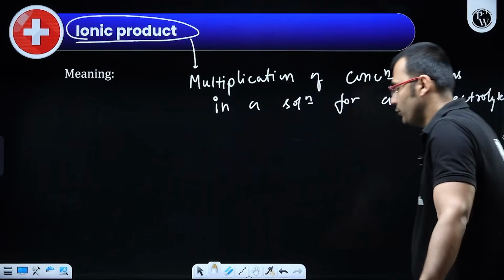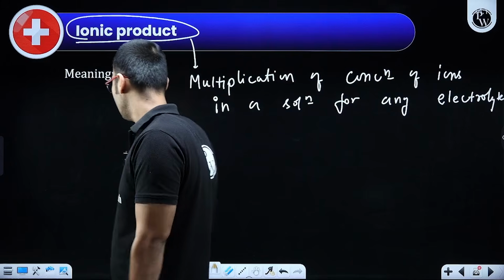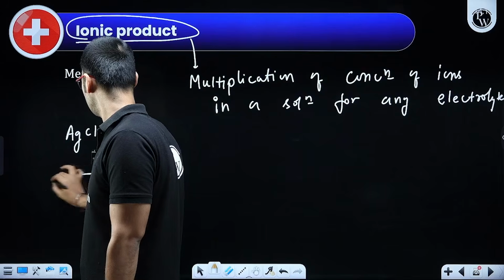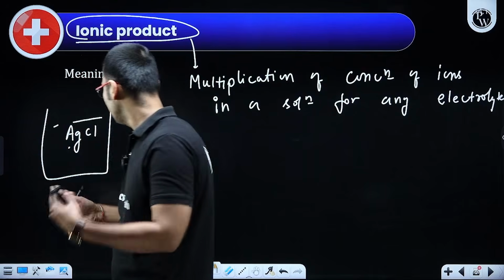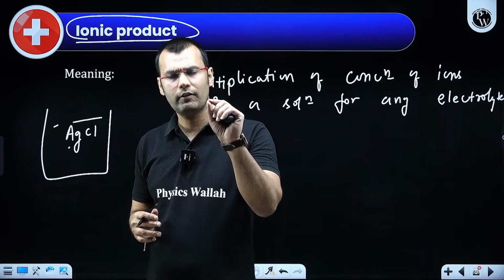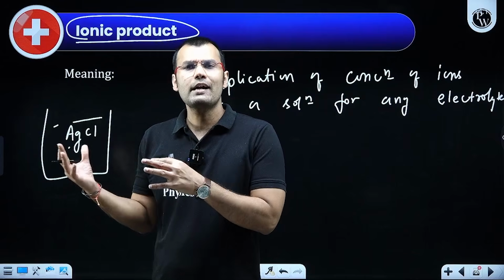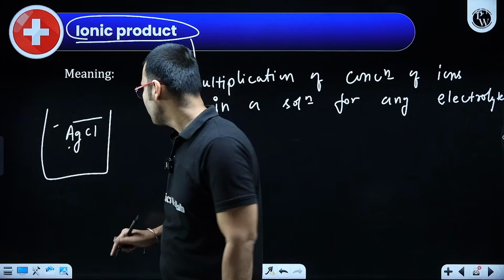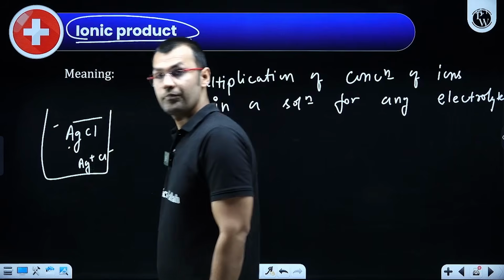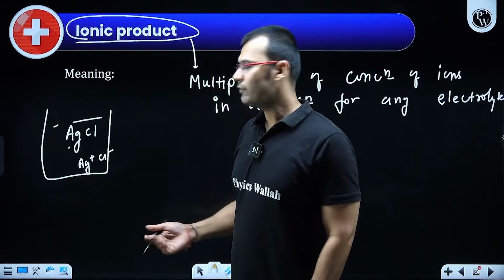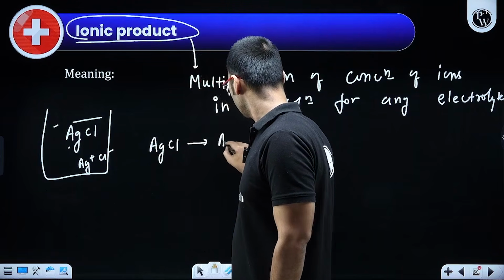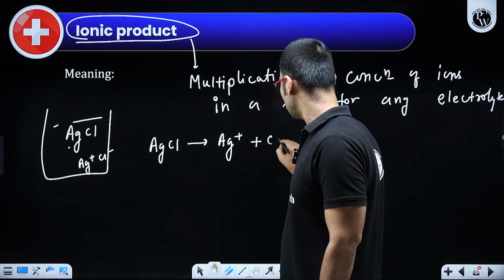Suppose I have prepared a solution of AgCl. In the solution, AgCl is sparingly soluble, very less soluble. But whatever part of AgCl is soluble, that part will give you Ag plus ion and Cl minus ion, right? If you write that in equation form, AgCl will decompose into Ag plus and Cl minus.